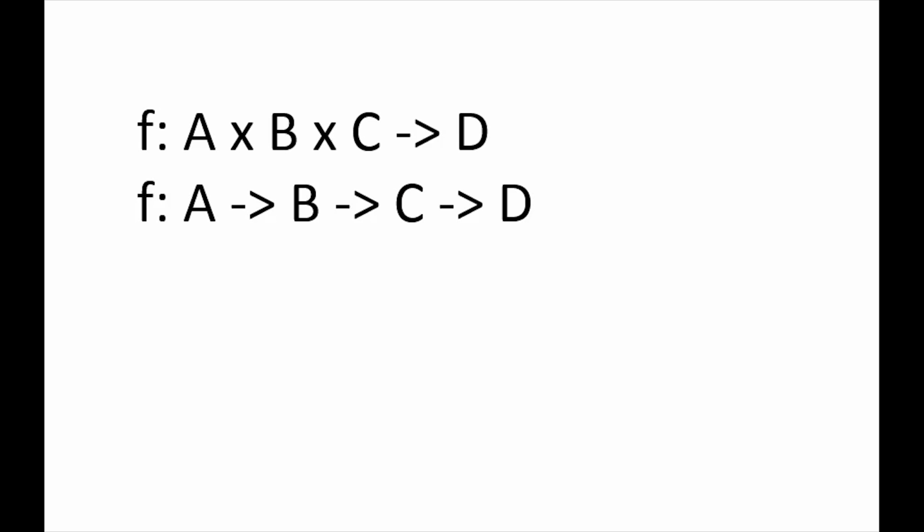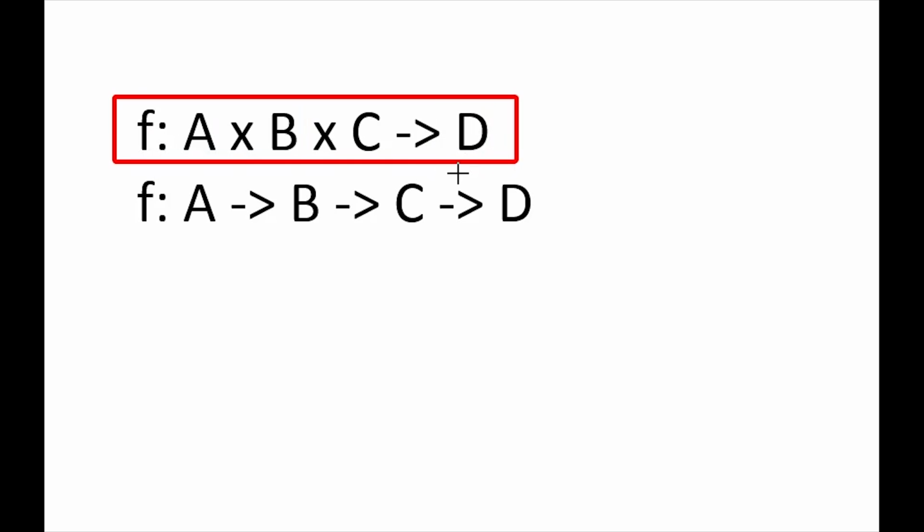But before that, let's take a look at the signatures of the function involved. Here we call it f. So a signature of a function with three parameters is of course this signature.